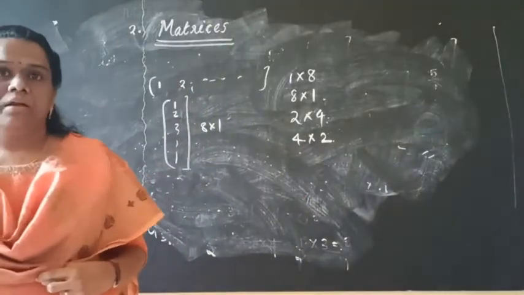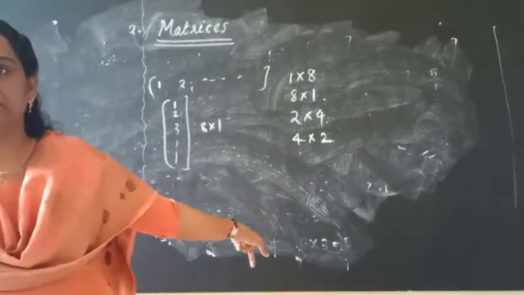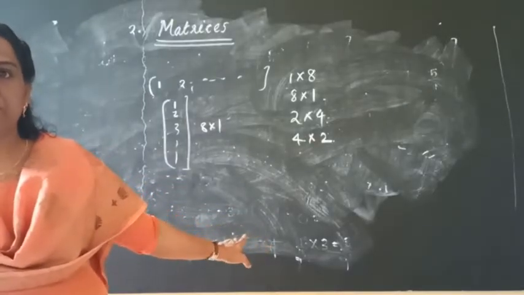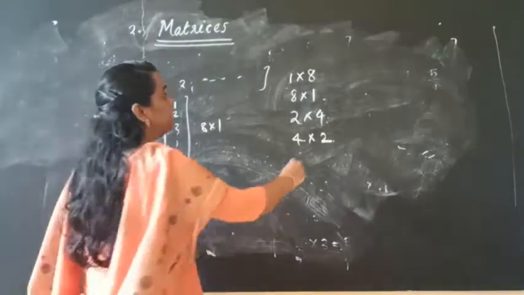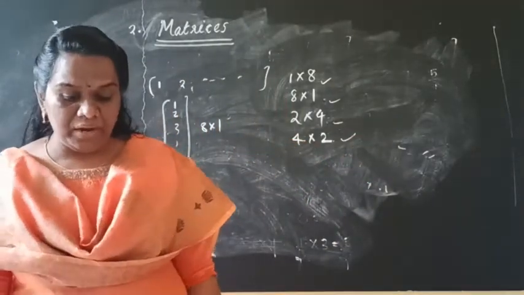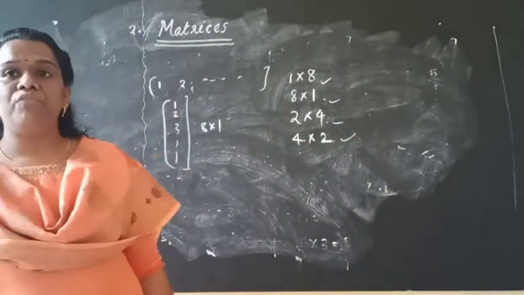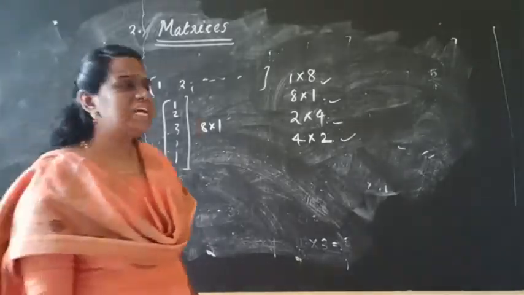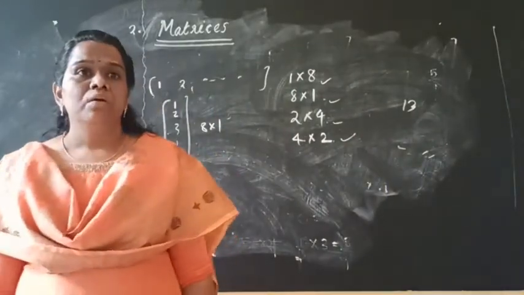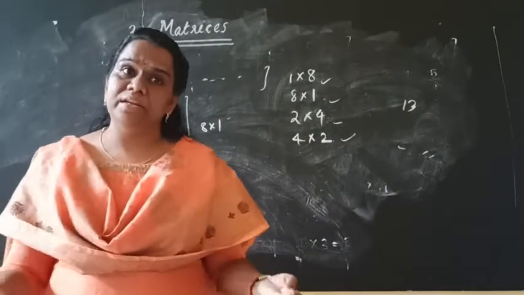Clear? Actually we are writing them as factors, like 1 into 8. So these are the possible orders: 1 into 8, 8 into 1, 2 into 4, 4 into 2. If a matrix has 13 elements, what are the possible orders? 1 into 13 and 13 into 1, only that way.